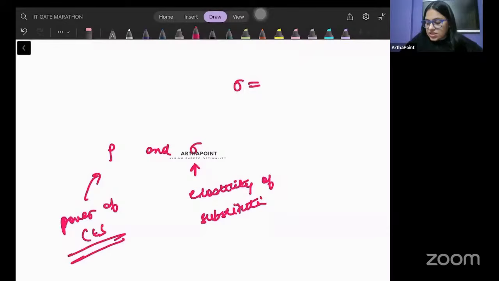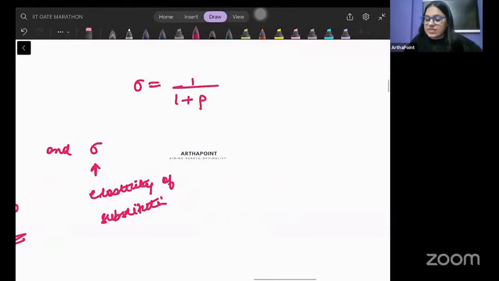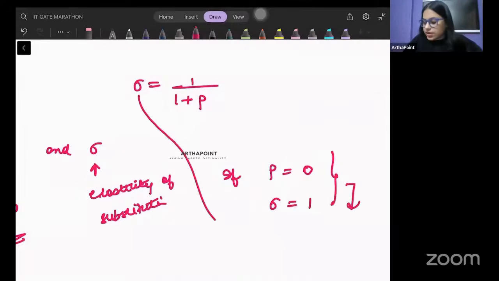So we got that sigma is equal to 1 upon 1 plus rho, right? And then we said that if your rho is say 0, then your sigma will be 1. And when sigma is 1, it represents the Cobb-Douglas production function.